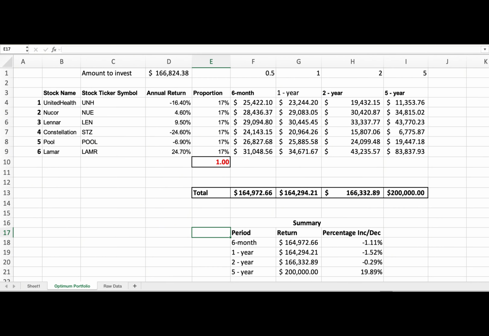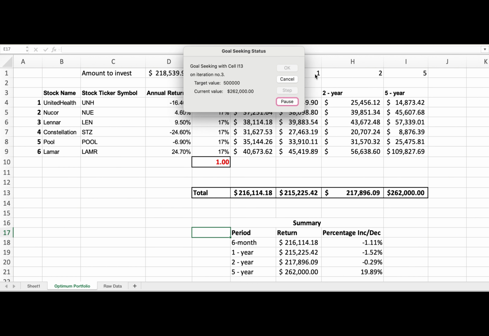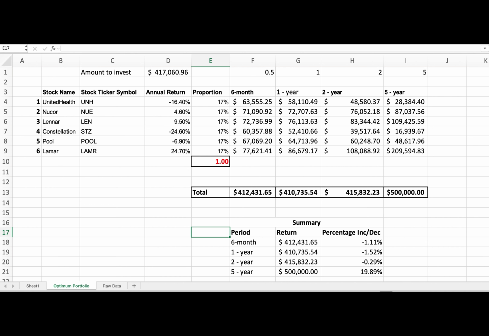I don't know if you have that type of money, but what I found very interesting is that you can try setting it up to $500,000, and from that you can see that you need approximately $417,000 just to get $500,000 within 5 years.